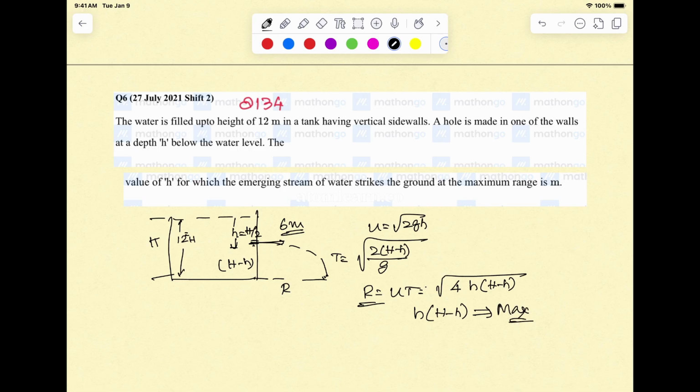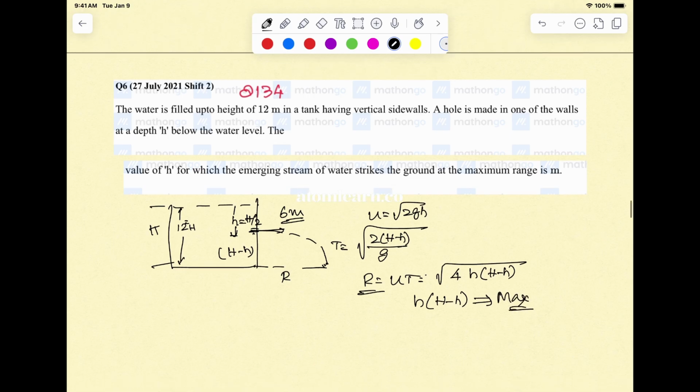Maximize this. Therefore, you differentiate it and equate it to 0. Differentiating with reference to h: 1 into H minus h plus h into minus 1 equals 0. Therefore, this becomes H minus 2h equal to 0. This gives you h is half the total height. Understood how it is got?